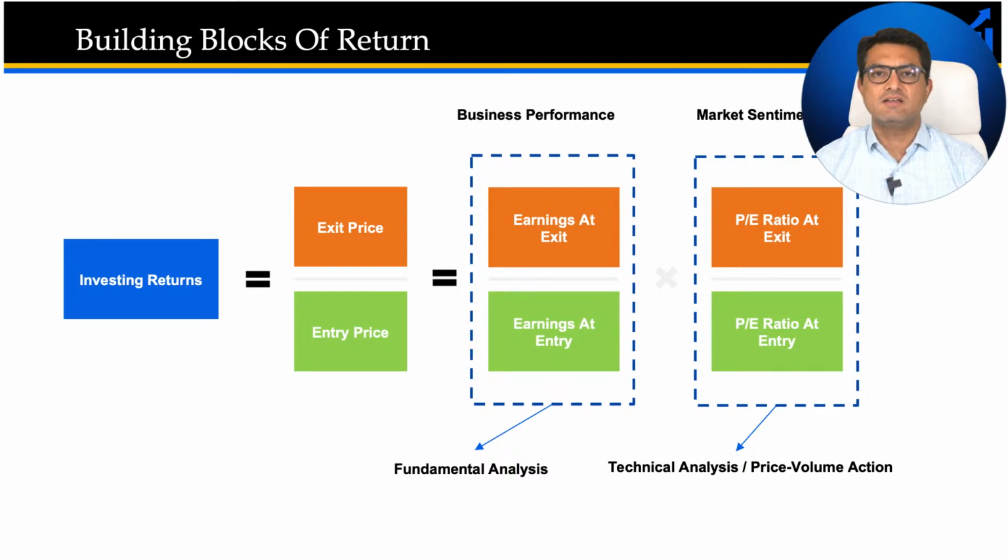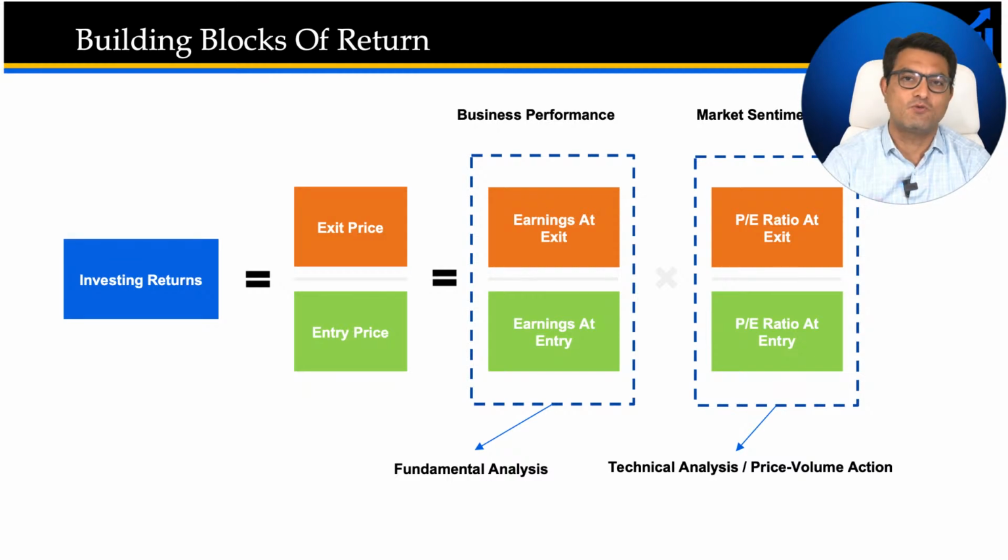Now this is the building block. If you want to think about investing returns, always think about entry price and exit price. And what do these two components ultimately boil down to? The first principles. If we think about it, there are only two things which affect stock prices.